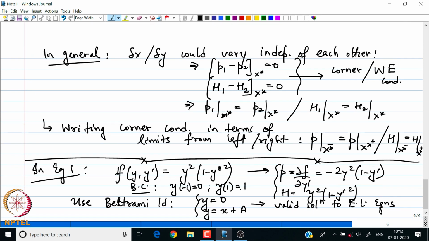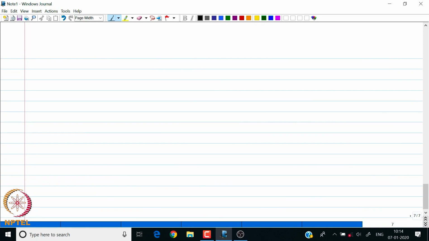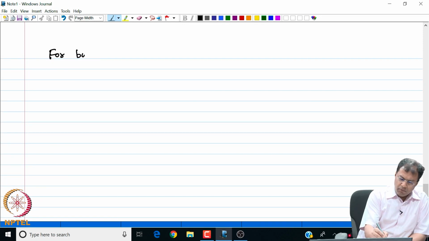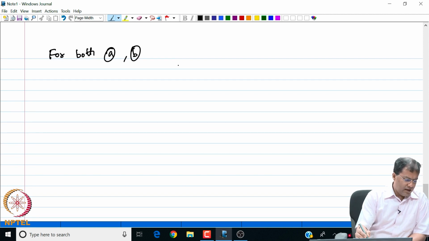So let me call this my solution A and this my solution B. Now, notice that if we find the momentum and Hamiltonian for both A and B, we can show that both are 0.